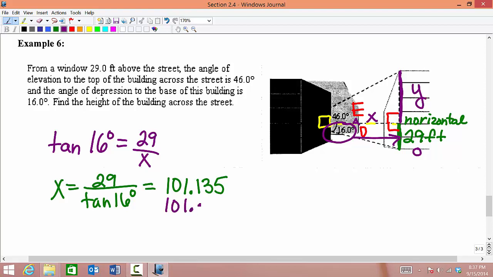So we'll say this is 101.14. So we solved for x there, and now we know that the measure of that horizontal is 101.14.